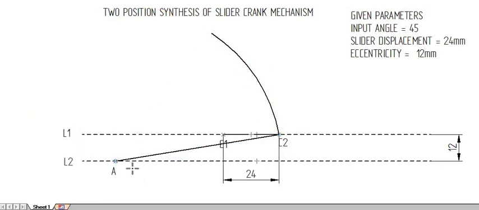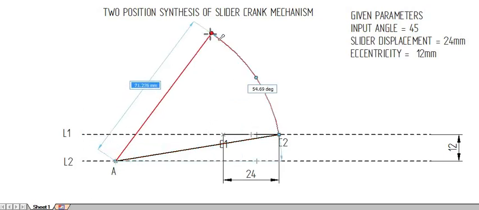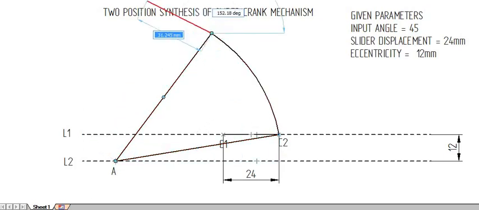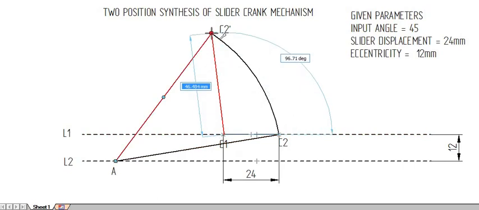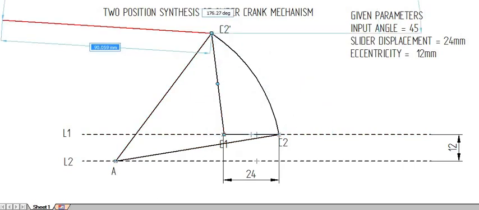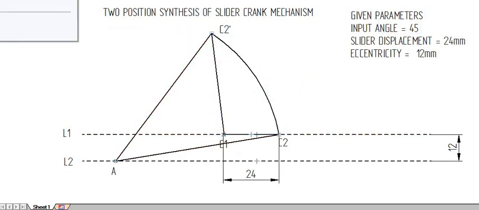And now we join A and the end point of the arc, and the point will be C2 dash. Now join C1 and C2 dash and draw a perpendicular bisector of C1 C2 dash.